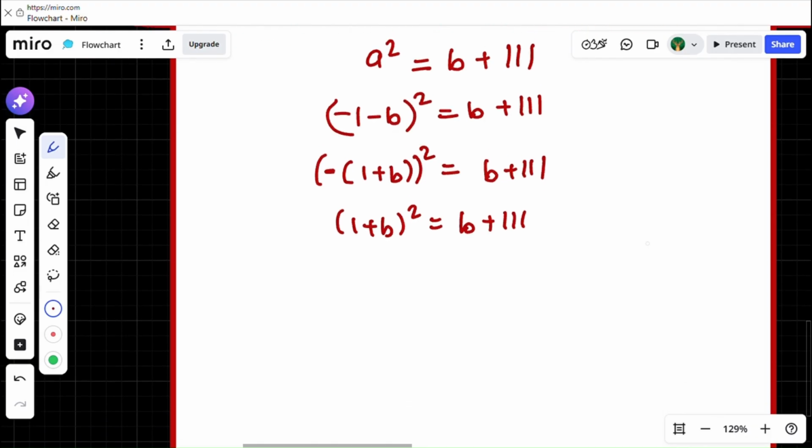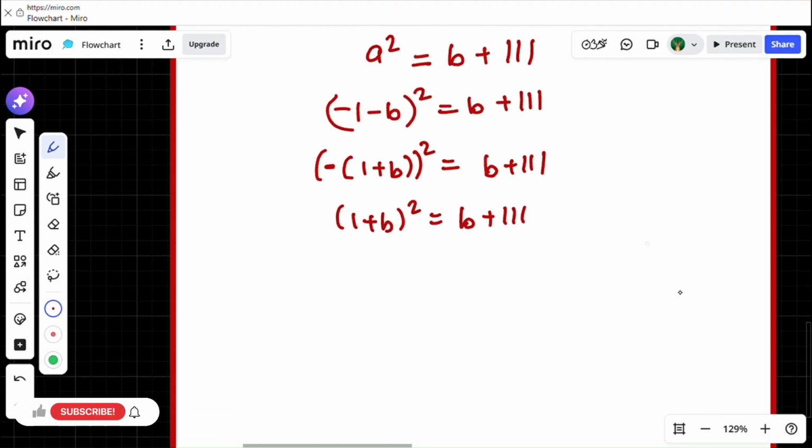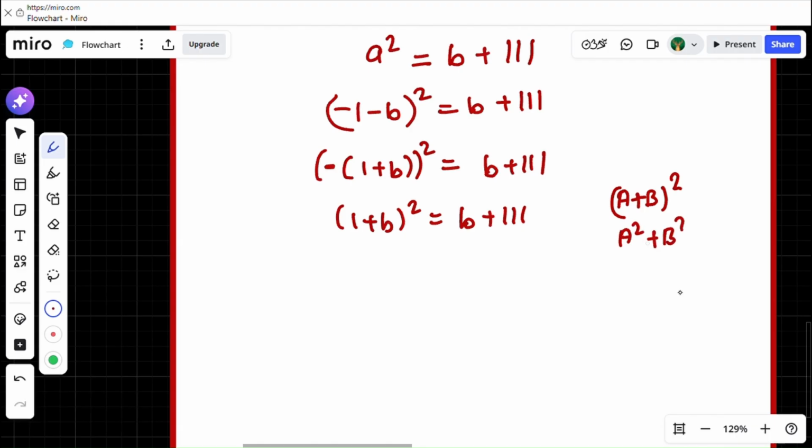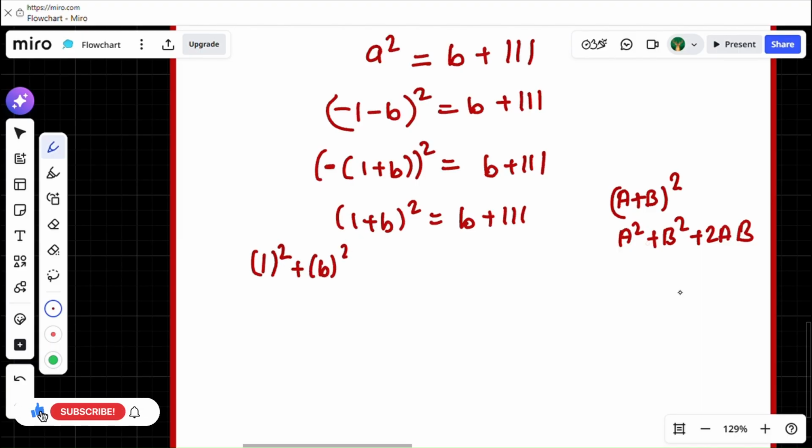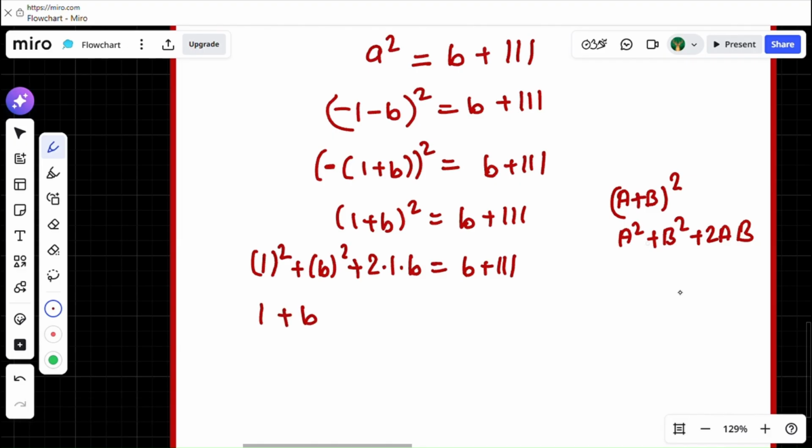Next, 1 plus B whole square is equal to, we can use the formula A plus B whole square is equal to A square plus B square plus 2AB. So we can use 1 square plus B square plus 2 multiply 1 multiply B is equal to B plus 1. So 1 plus B square plus 2B is equal to B plus 1.